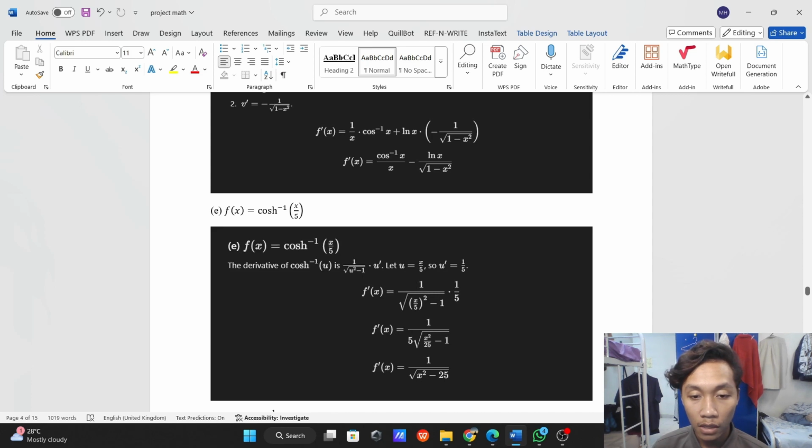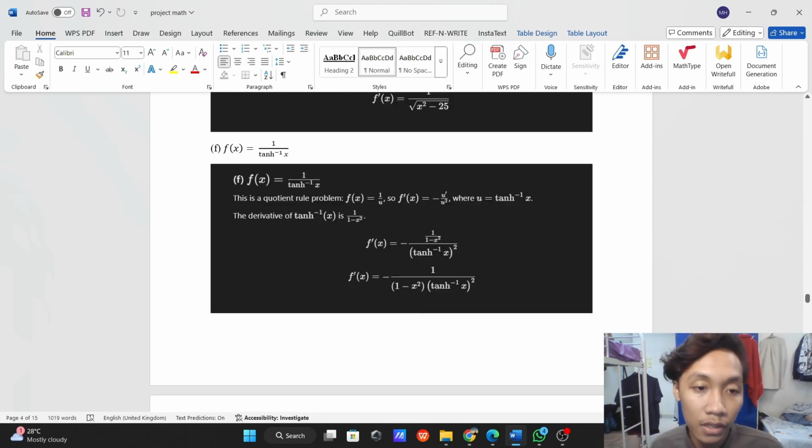F prime x equals 1 over the square root of (x over 5) squared minus 1, times 1 over 5. And then we get 1 over 5 times the square root of x squared over 25 minus 1. So the final answer is 1 over the square root of x squared minus 25.